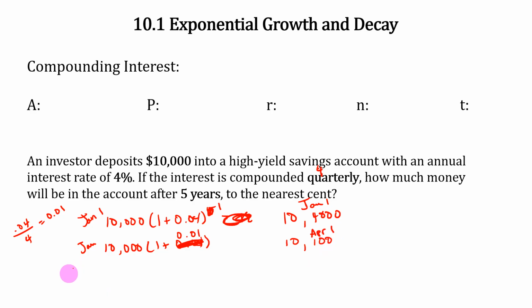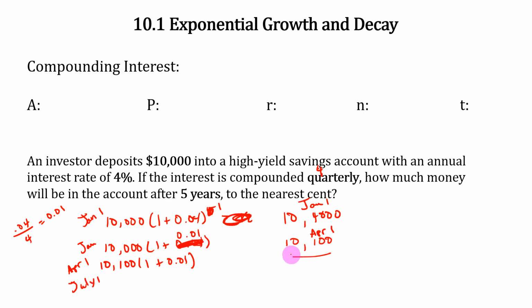Then, on April 1st, now you're getting interest on $10,100. And whatever that is, we'd get it after 3 more months, April, May, June, so on July 1st.